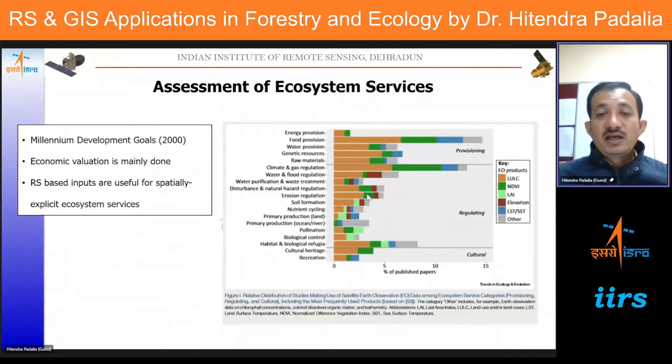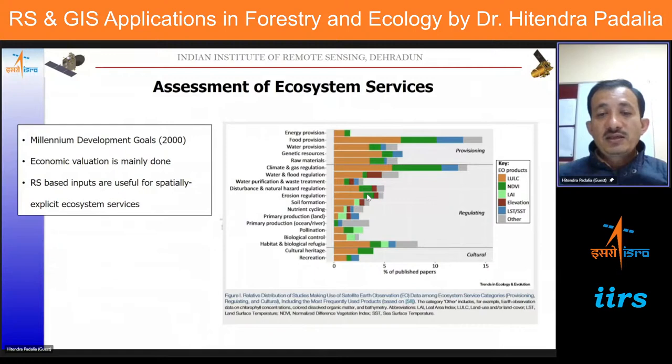Another very interesting and very unexplored area is ecosystem services. You know that forests are a source of not only different types of medicines, food resources, fodder resources, etc., but there are also ecosystem services such as carbon sequestration, water filtration and improving soil fertility. These are listed here in this graph.